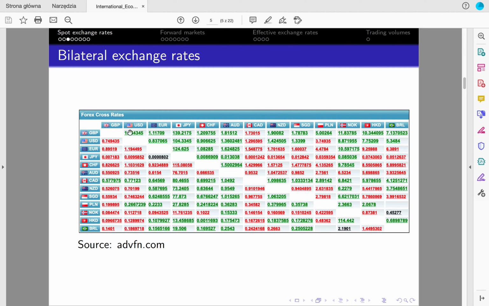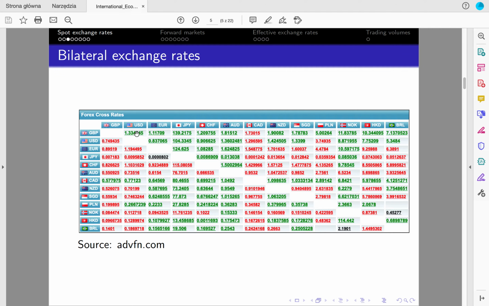Look, here for example, you see that the value of a pound in terms of United States dollars is green, while the value of the dollar in terms of pounds is red.